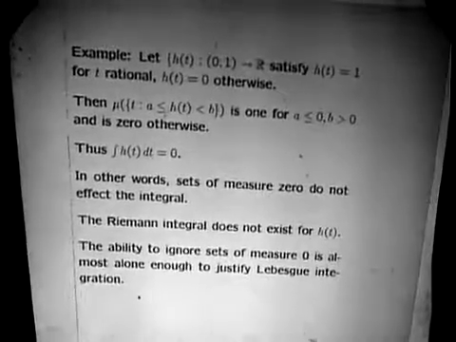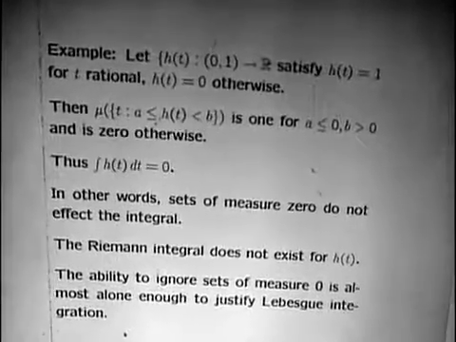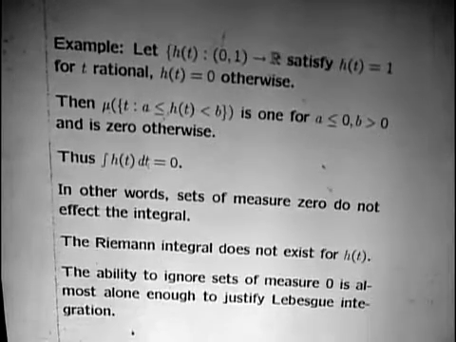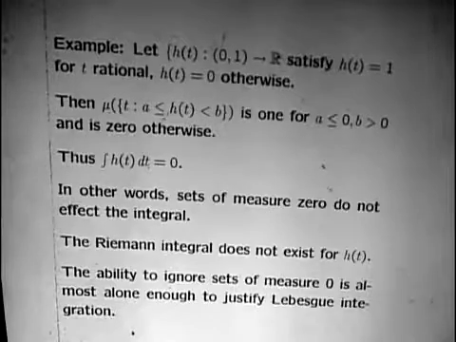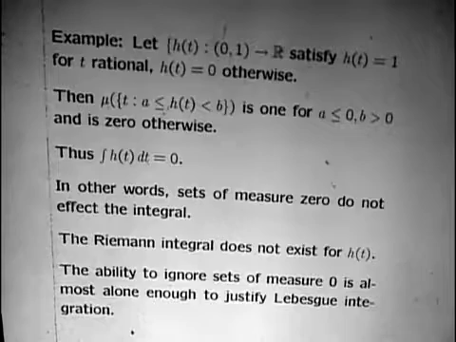Hardly looks new. Let's look at a function now, just defined on the interval 0 to 1, and suppose that h of t is equal to 1 for each rational number, and it's 0 for each irrational number.